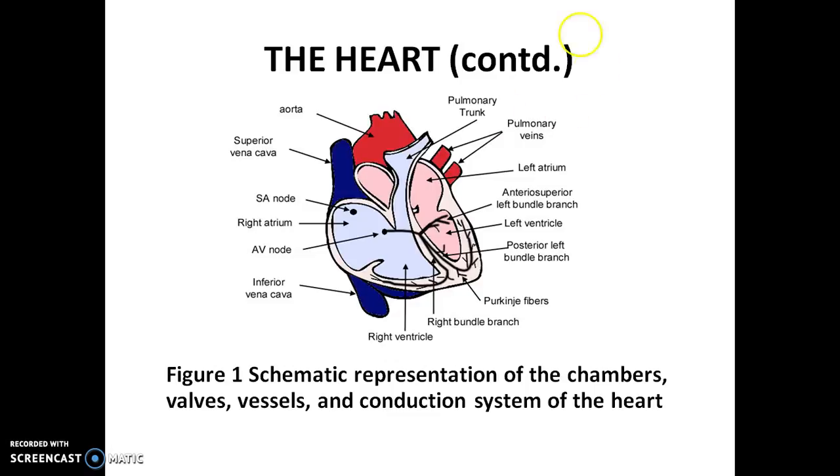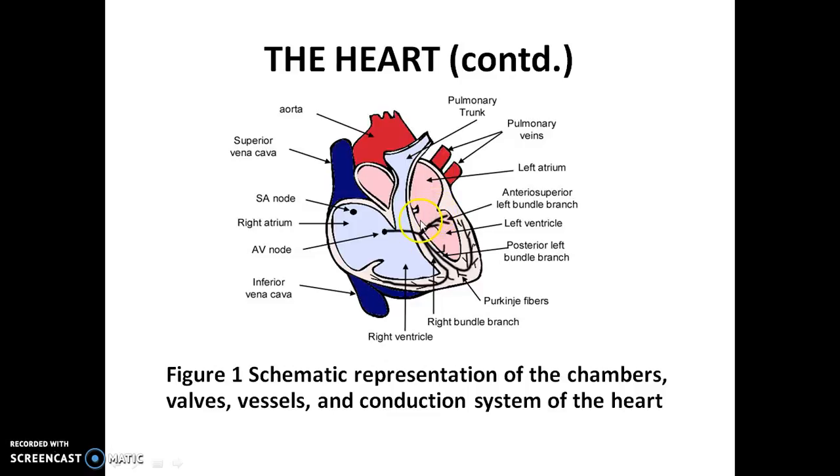That oxygenated blood enters the heart through these veins. Here you can see the red color indicates the oxygenated blood entering. Oxygenated blood enters through these pulmonary veins, and then comes to the left atrium. After the left atrium is completely filled with oxygenated blood, there is a gate here called a valve.